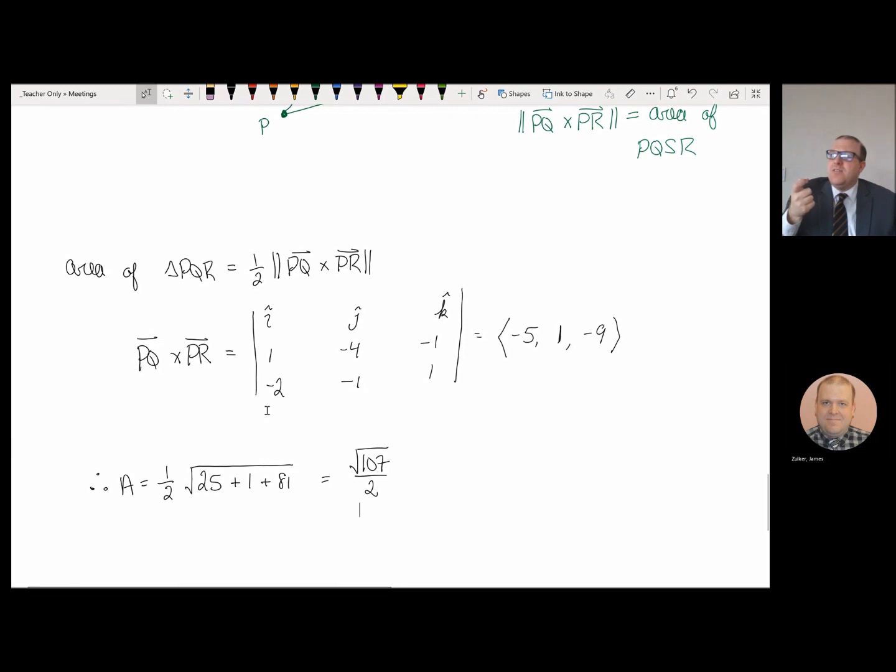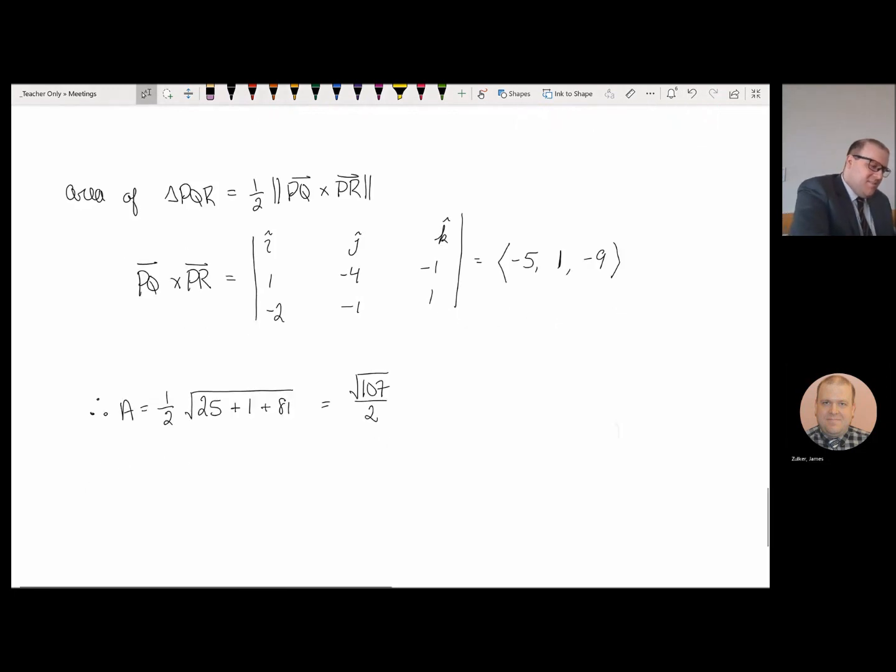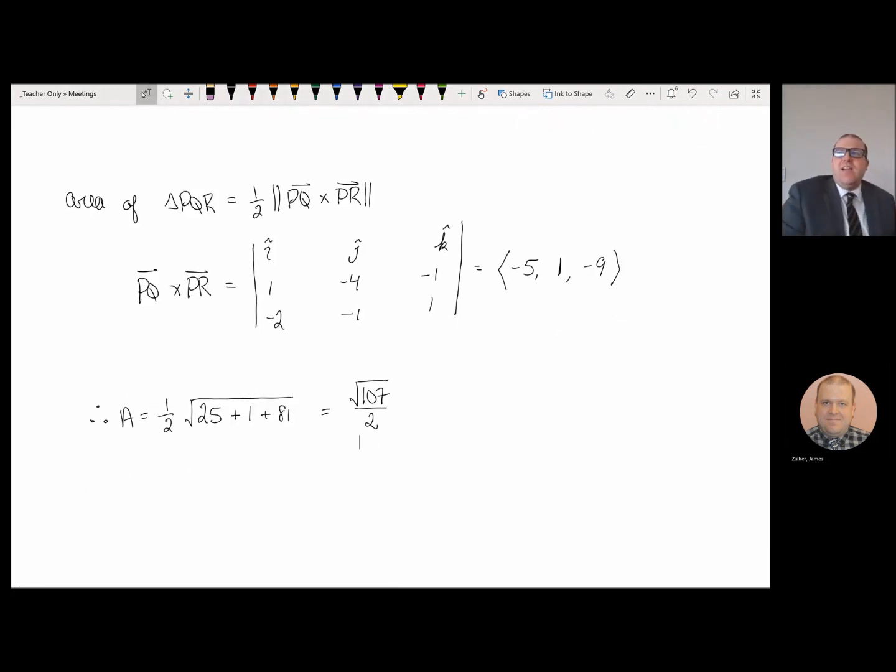You flip the sign, so that's why it's +1, not -1. And then the K component is just 1 times -1 minus -4 times -2. And so there's our area, root 107 over 2, and we're not given units, so we don't have to worry about it.